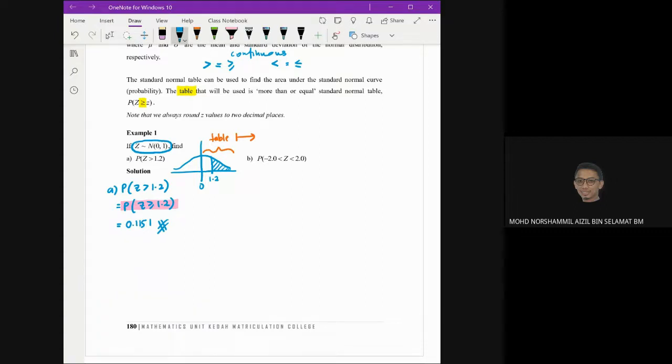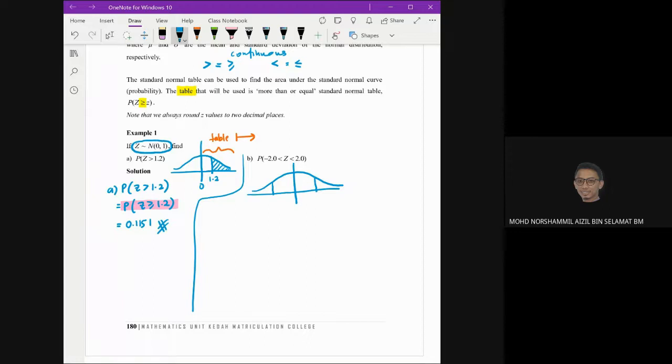Alright, so move on to part B. Mari tengok part B. So part B, we want probability of -2 to 2. Okay, so let's sketch the graph first. Sketching graph ni sangat penting tuan-tuan dan puan. Apa saya macam bagi ceramah politik pula ni tuan-tuan dan puan.